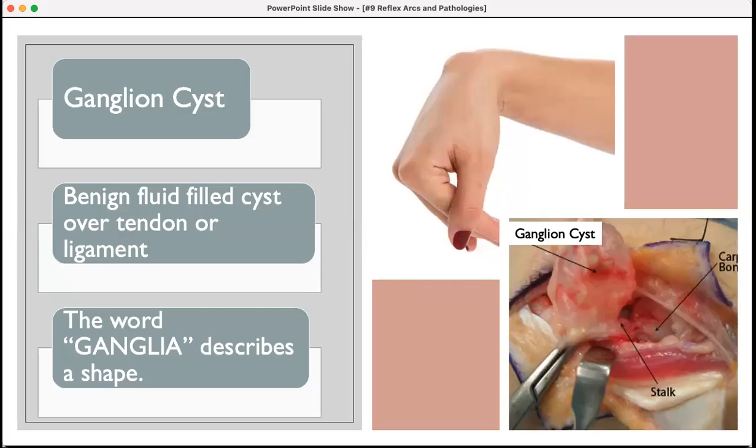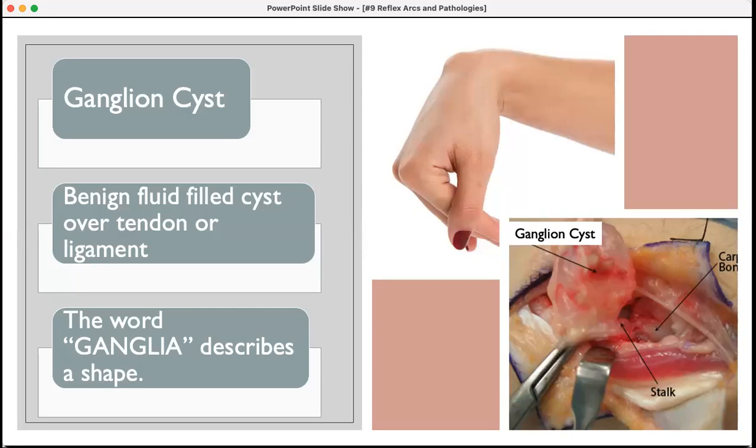Now, another ganglia you'll hear about is a ganglion cyst. It does not contain any neural elements. It is just called ganglion because of the shape.